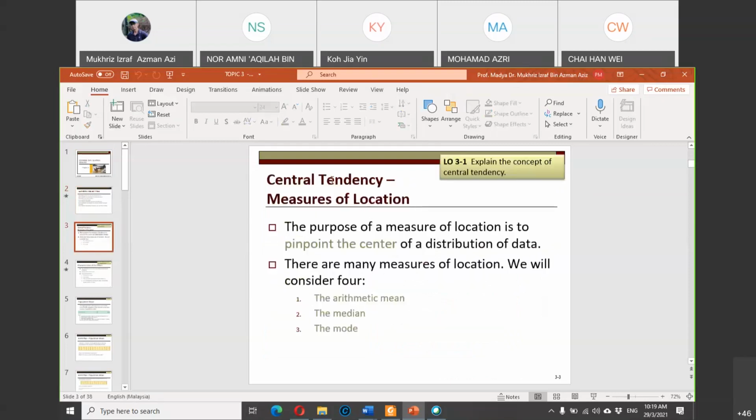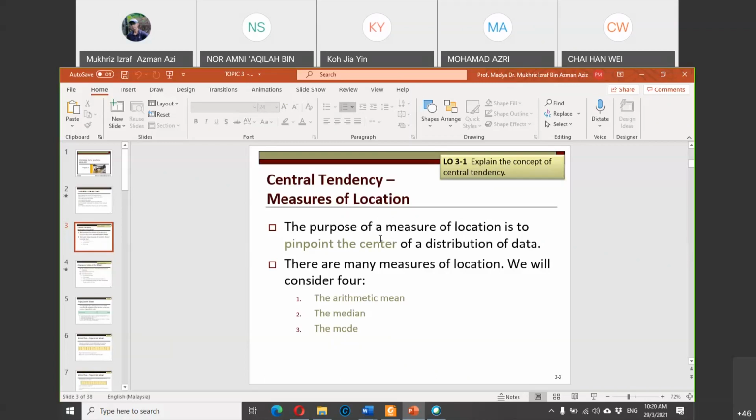Central tendency is the tendency of your data to be concentrated in the middle of your data. There are 3 common approaches to analyze the location of your data, that is, where your data is located, and what value is located in the middle of your distribution.